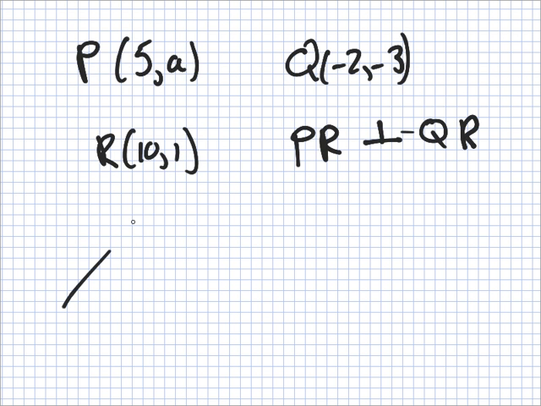So the line from P to R is perpendicular to the line that goes from Q to R. So they're perpendicular lines here. Okay? So this can help me find the A. Kind of similar to the one we had earlier with the 2 lines, isn't it?